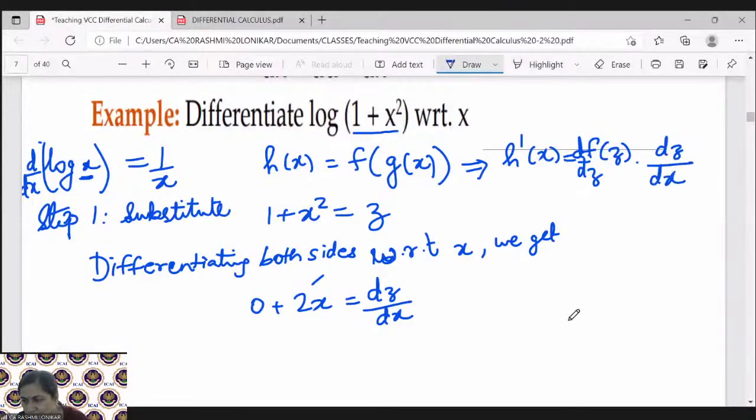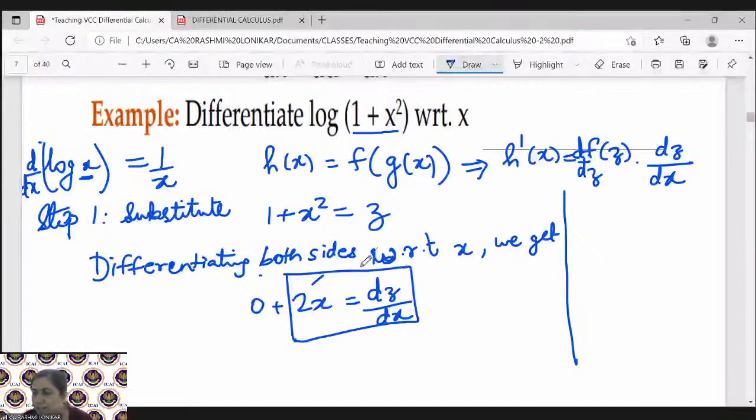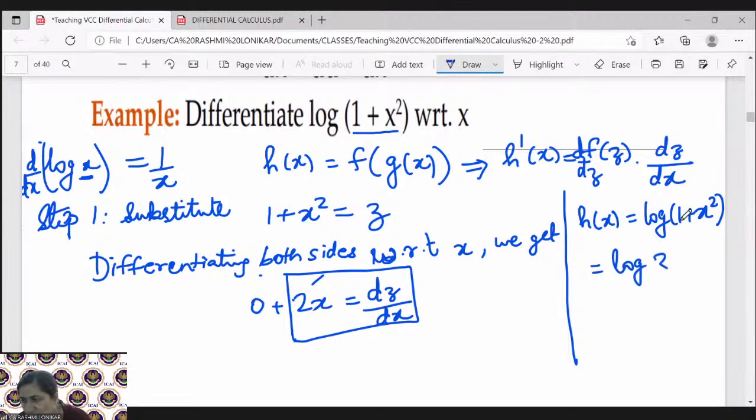Okay. So from here I understand I have already got dz upon dx. Now I have to find this. Now when I put 1 plus x square is equal to z, my h of x, which is equal to log of 1 plus x square, now becomes log of z, because instead of 1 plus x square, I have put z.